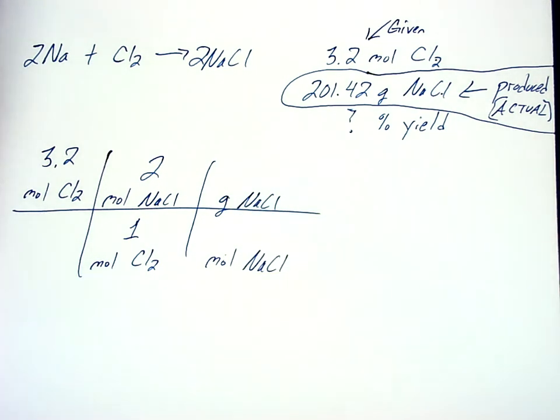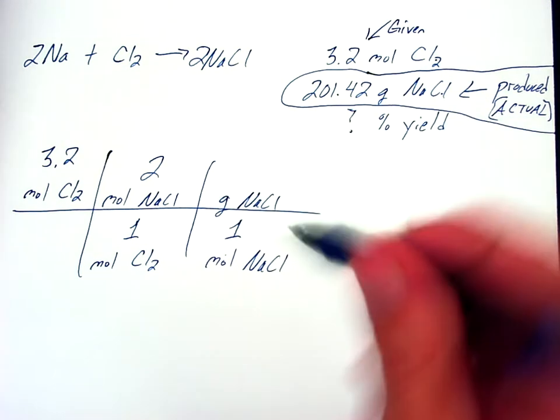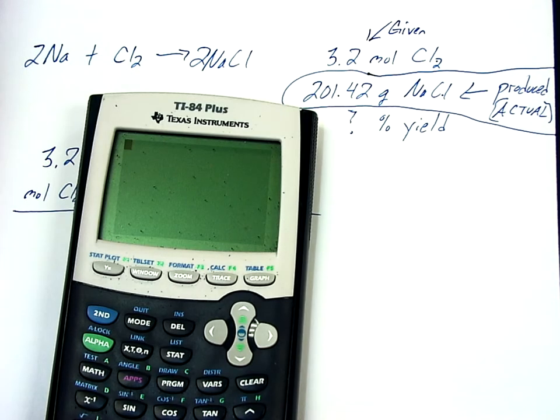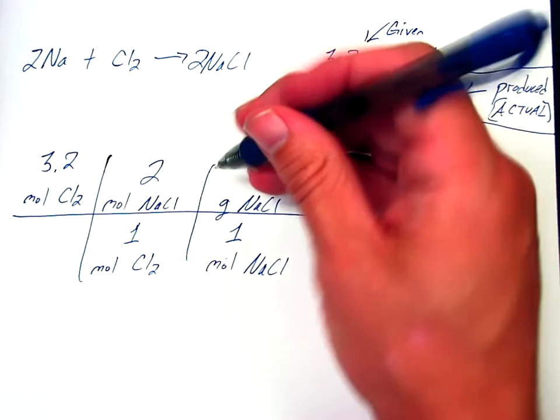Grams and moles is 1 to periodic table. So now I need the periodic table of NaCl. For Na, it's 22.99. And for Cl, it's 35.45, which will give me a molar mass of 58.44.